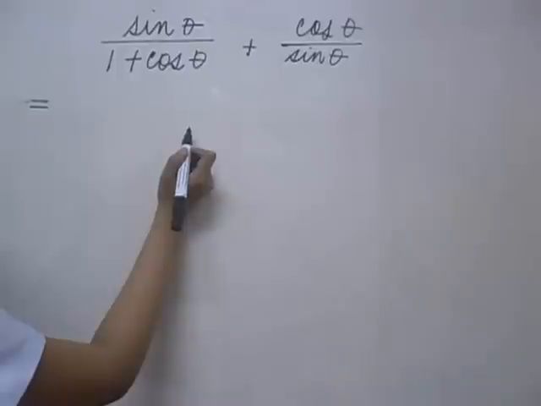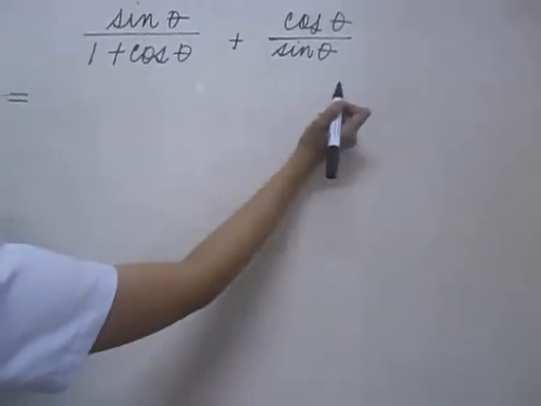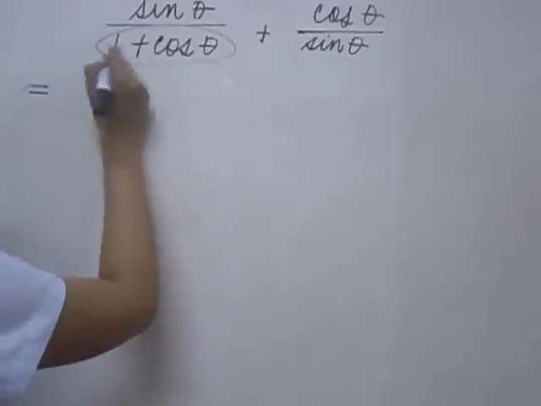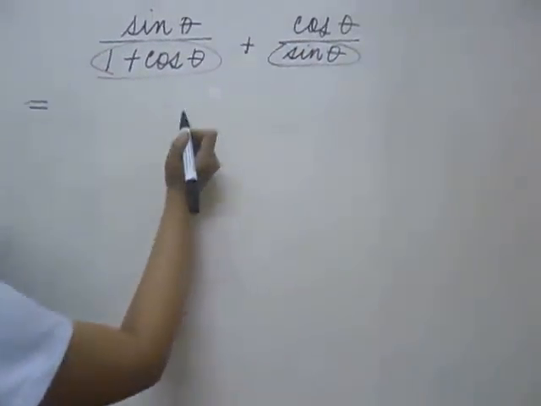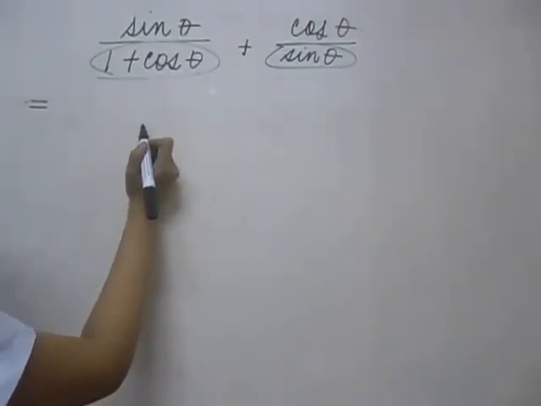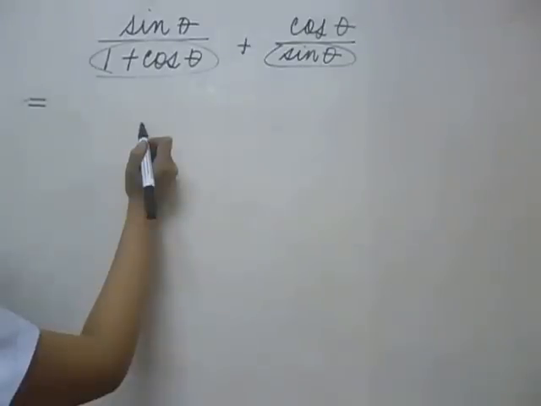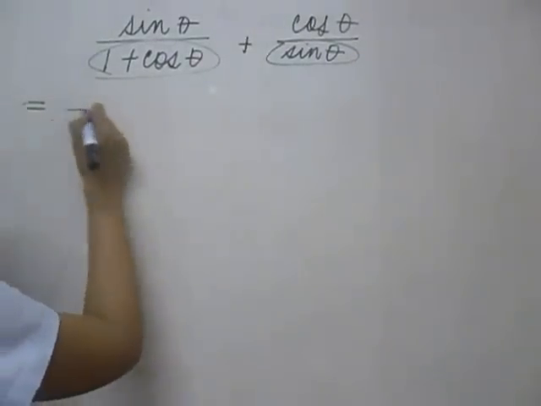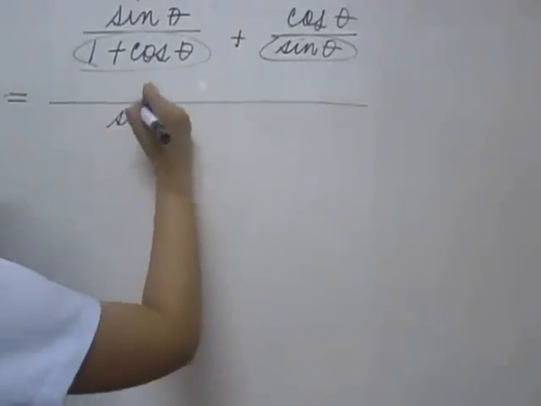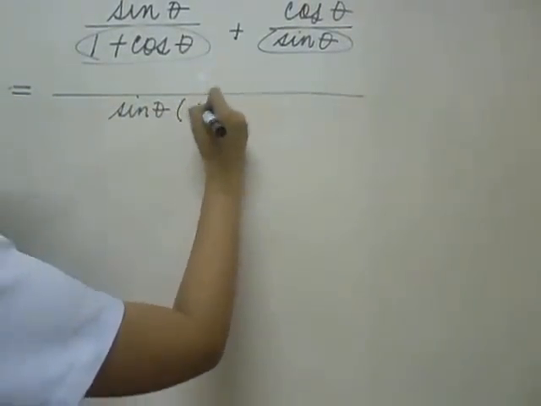You will notice that we are adding two fractions whose denominators are not the same. Isn't it that if we are adding similar fractions, we have to get their least common denominator, or LCD? And their LCD is sin theta times 1 plus cosine theta.